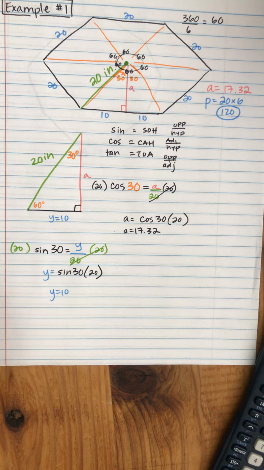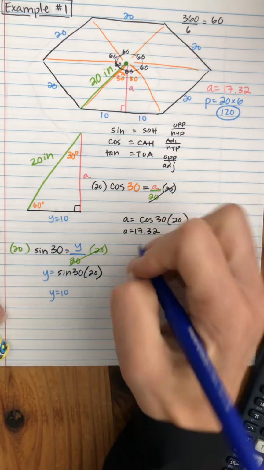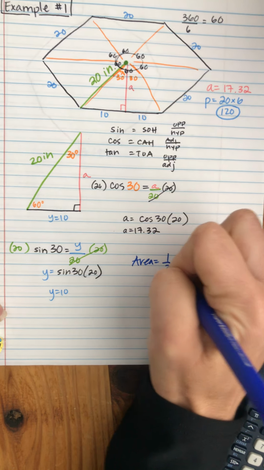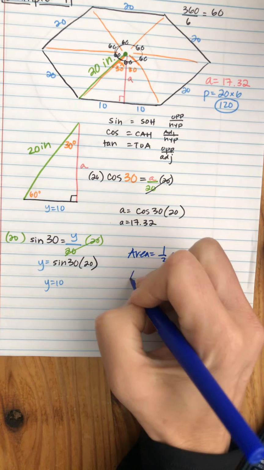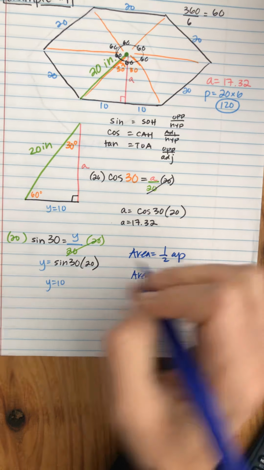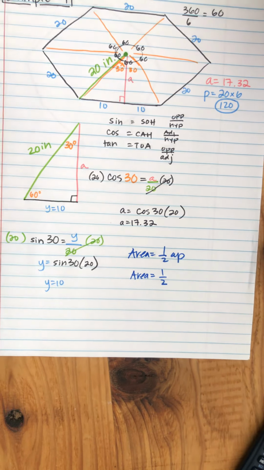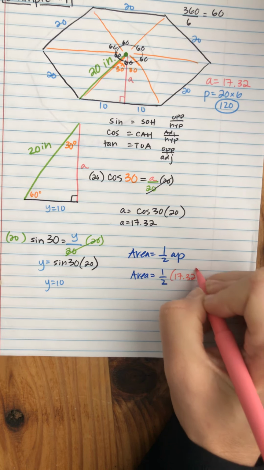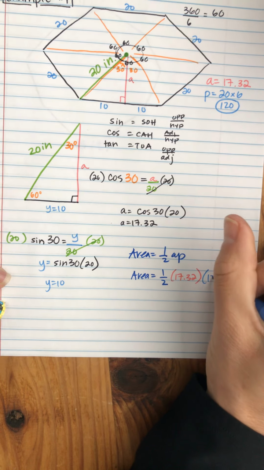Finally, I can solve for my area. So my area equals 1/2 A times P. So my area equals 1/2 times 17.32 times my perimeter, which is 120.